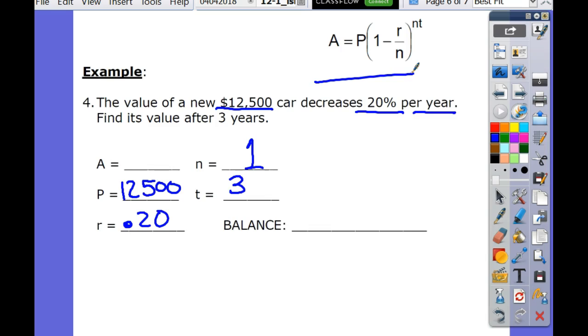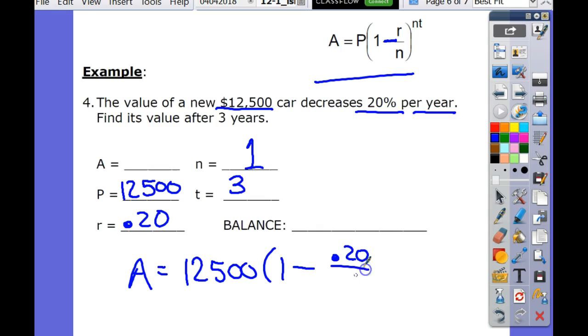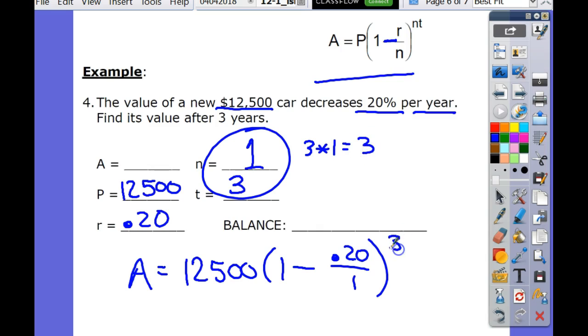How is it different? This is a minus sign because it is going down in value. So, the principal amount, 1 minus the rate, divided by the number of times compounding, raised to the 3 times 1 power.